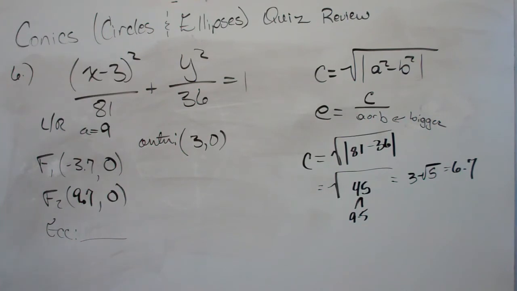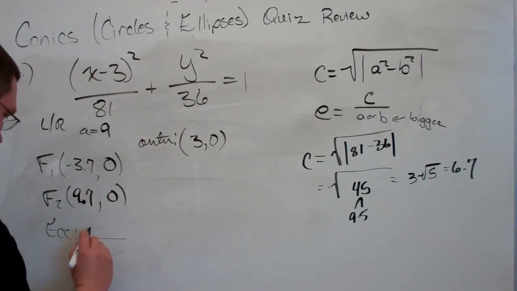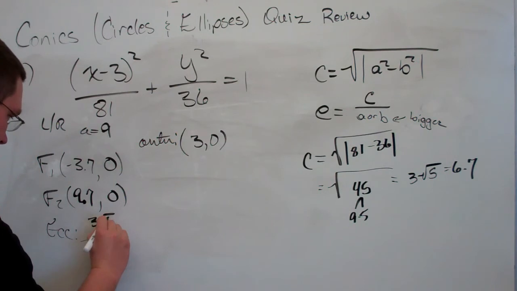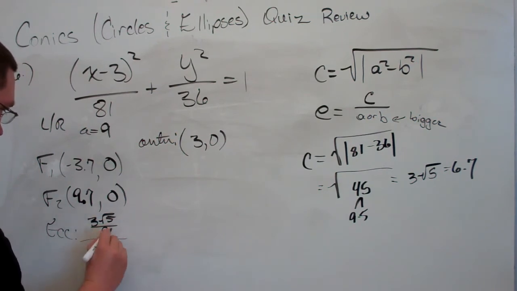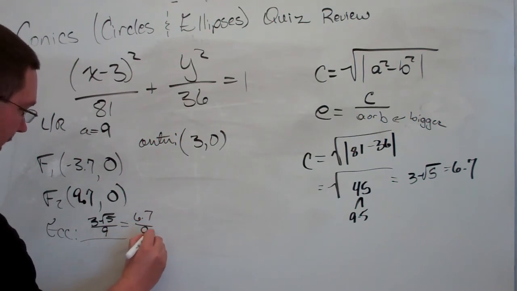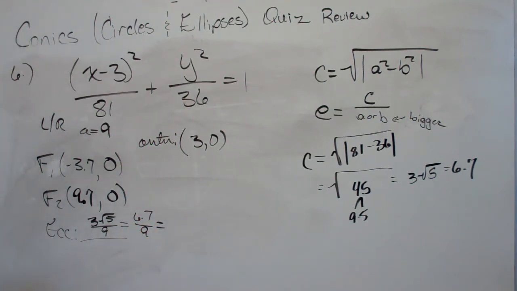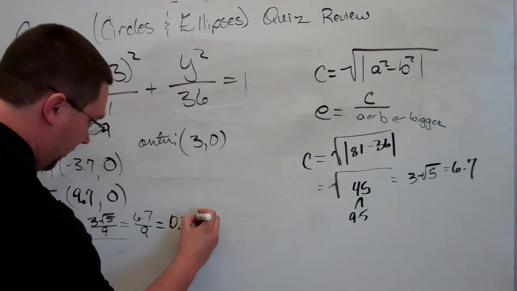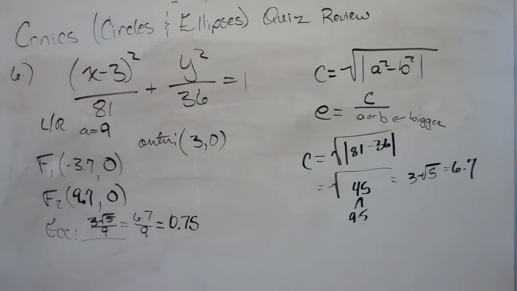So, our eccentricity, you can either give me 3 square root of 5 over 9, or 6.7 over 9, or 0.75. I would take any of those three as the correct answer, because they're all mathematically equivalent.